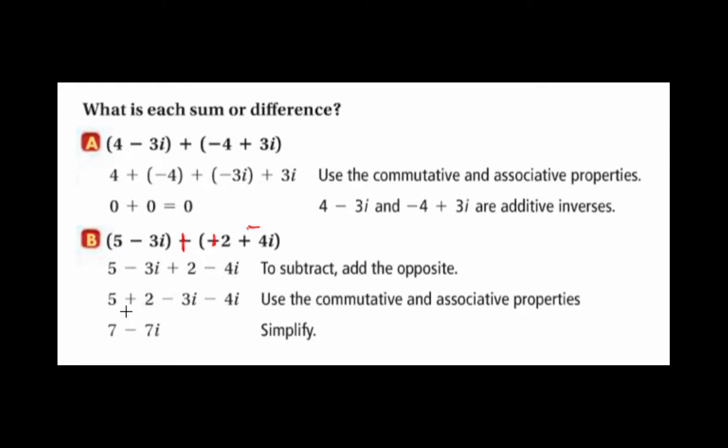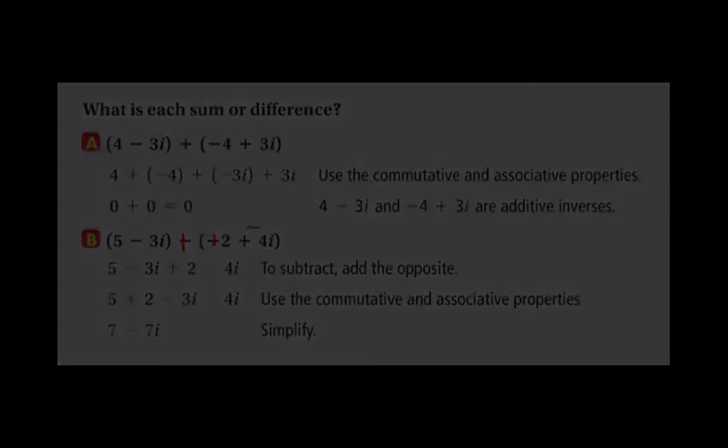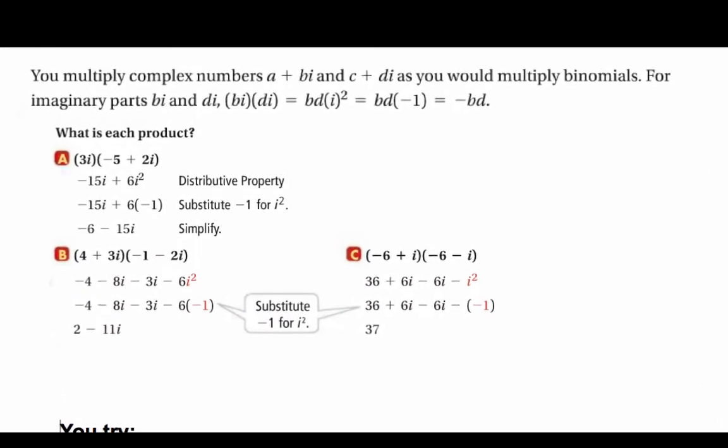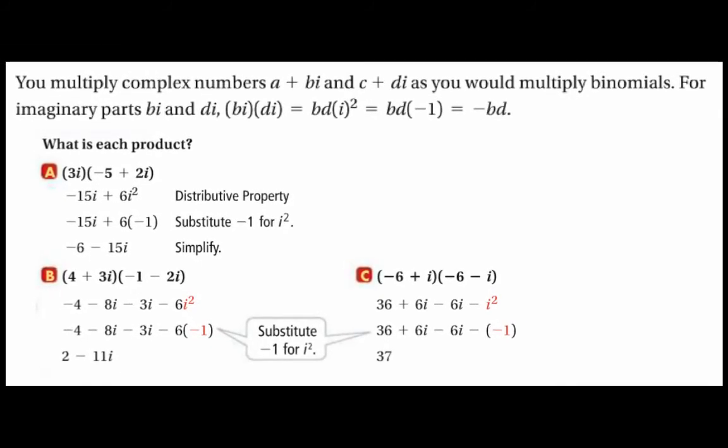And then we use the commutative property: 5 plus 2, add the real parts, negative 3i minus 4i, add the imaginary parts, and we get 7 minus 7i as our difference there. We can multiply complex numbers of the form a plus bi and c plus di as we would multiply binomials. So this becomes like a FOIL problem.